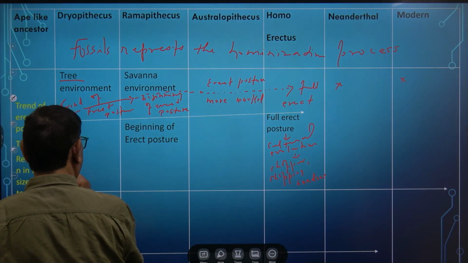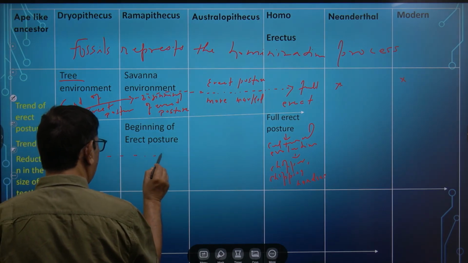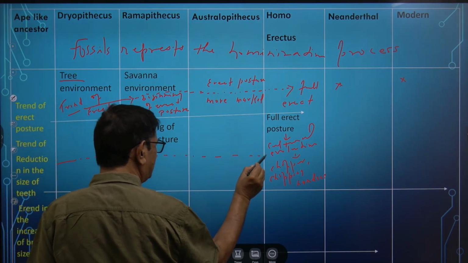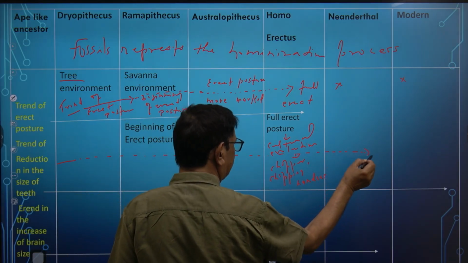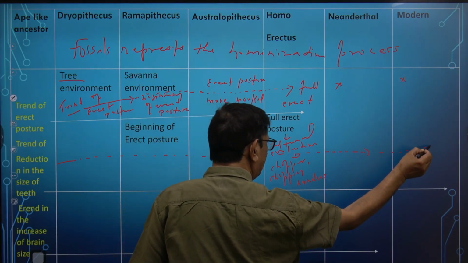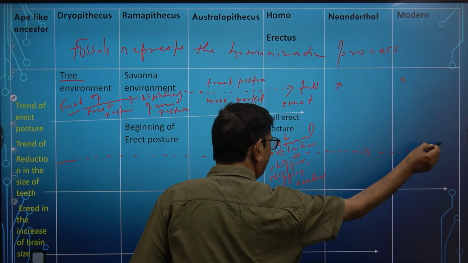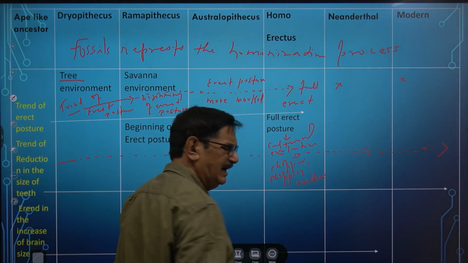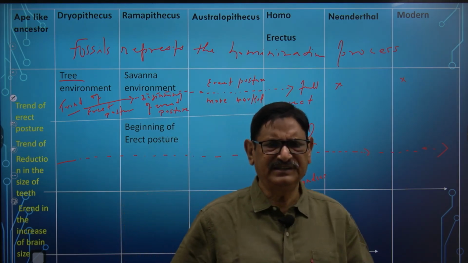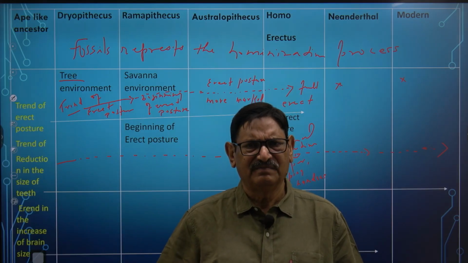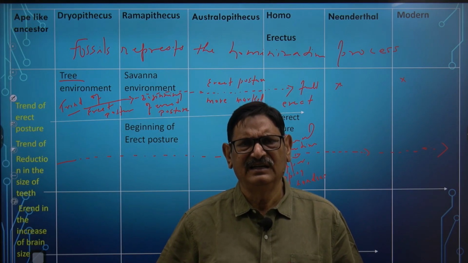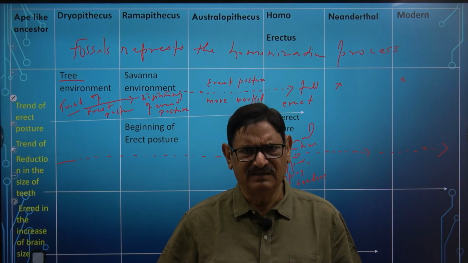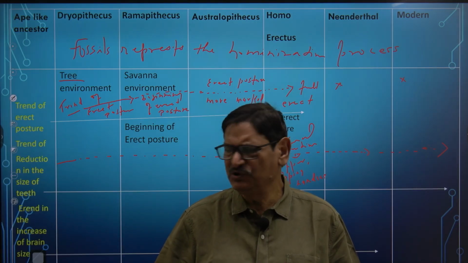Next, the trend of reduction in the size of teeth. As we move from Ramapithecus, Australopithecus onward, the sizes of teeth tend to decrease even in the modern man. As we are using teeth less and less, the sizes of teeth are getting smaller.